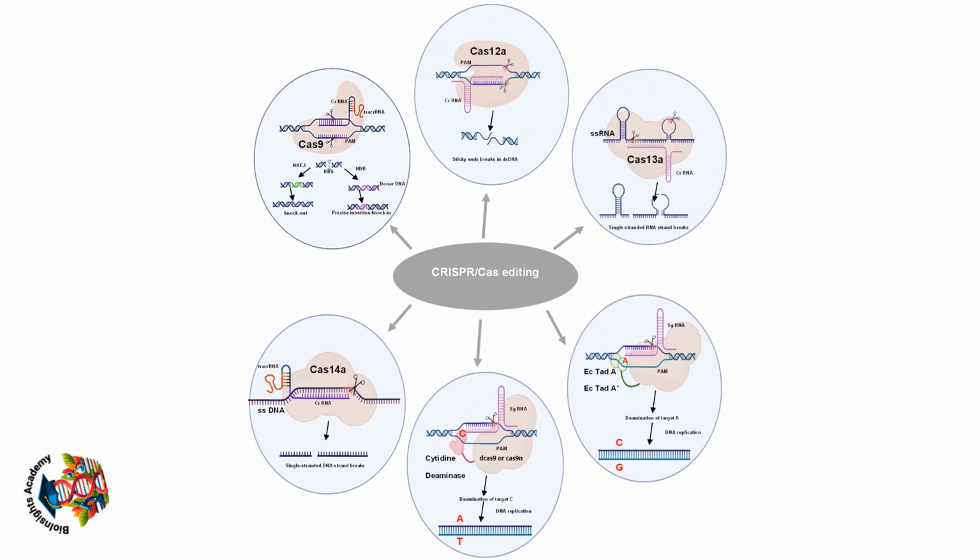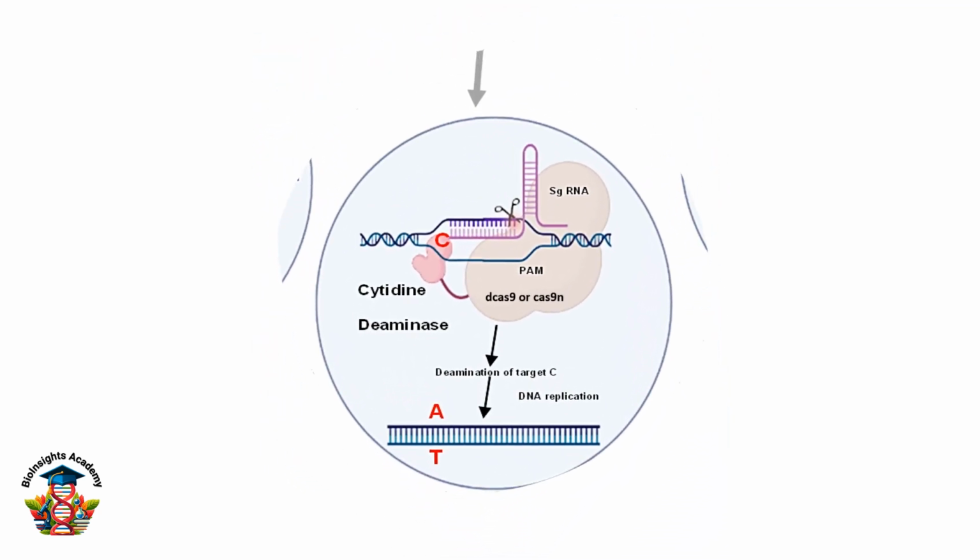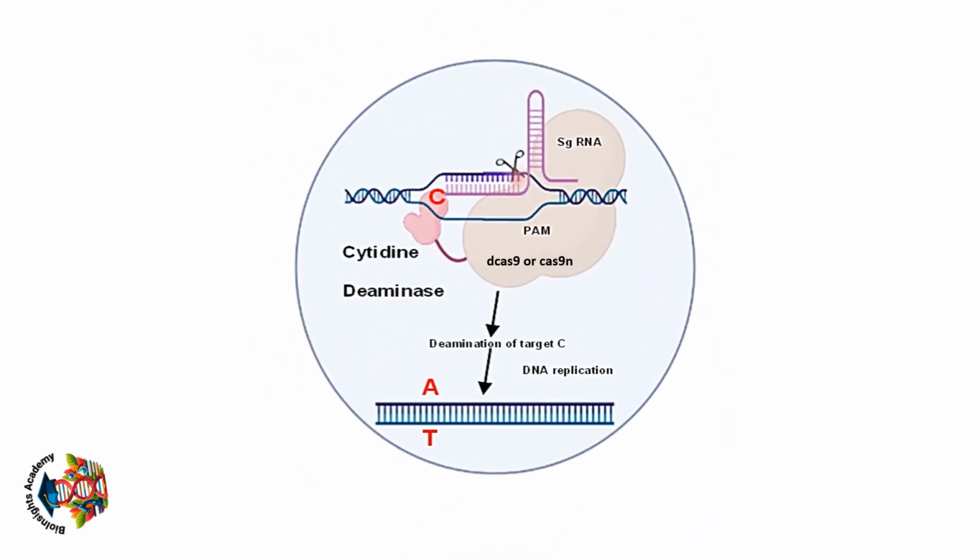Next is CBEs, or cytosine base editors, a type of CRISPR-Cas system that allows for precise single base pair changes in the DNA sequence without generating double-strand breaks. The single guide RNA, or sgRNA, directs the base editor to a specific locus in the genome by complementary base pairing with a target DNA sequence.